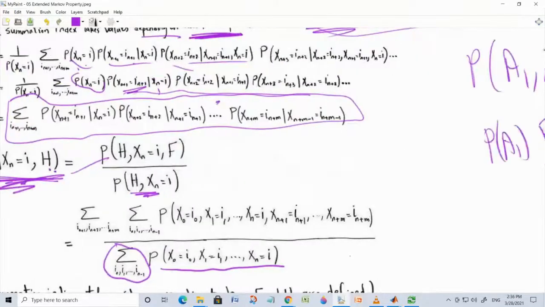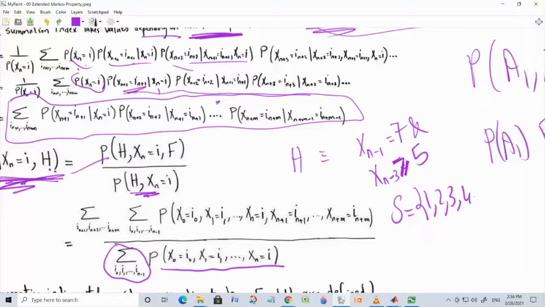Okay, so suppose as an example that h is that x of n minus 1 is equal to 7, and x of n minus 3 is greater than or equal to 5, and let's suppose that the state space S is 1, 2, 3, 4, 5, 6, 7, 8, 9, 10.